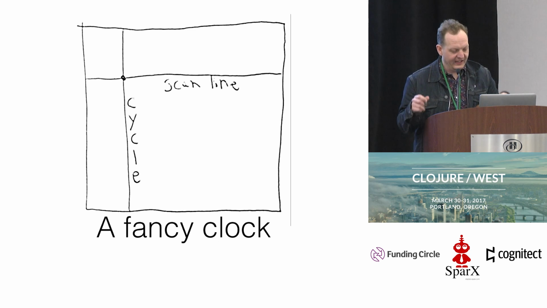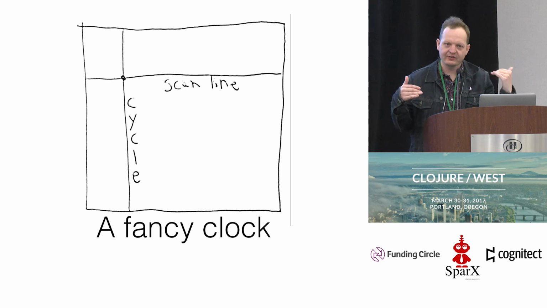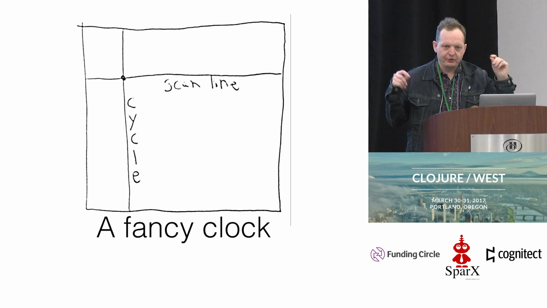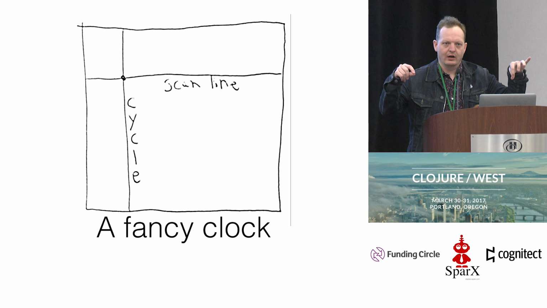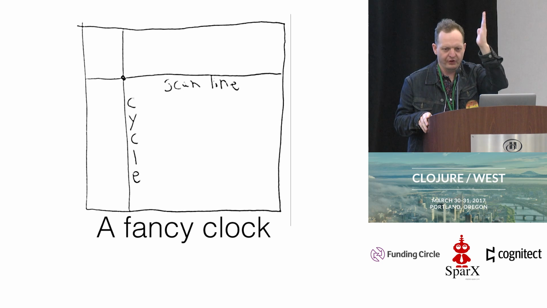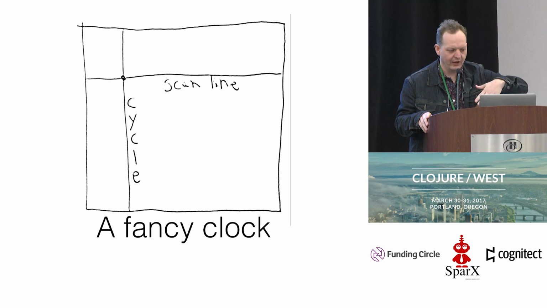And so the cycle runs from 0 to 340, and the scanline we can think of as the minute hand, and the minute hand goes from 0 to 261. And not all of those coordinates actually map to the screen. Some of them happen off screen, and the reason you do that is for synchronization, because again, it takes time for the beam to either reset from right to left again, or from bottom to top.